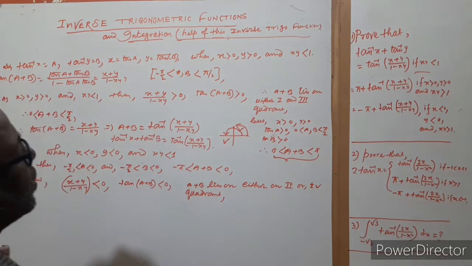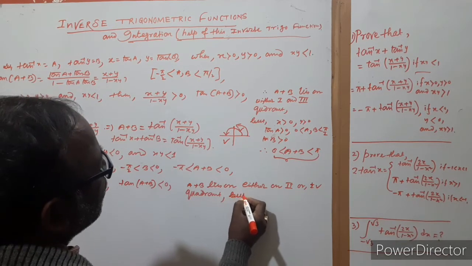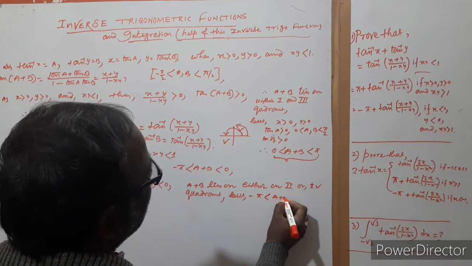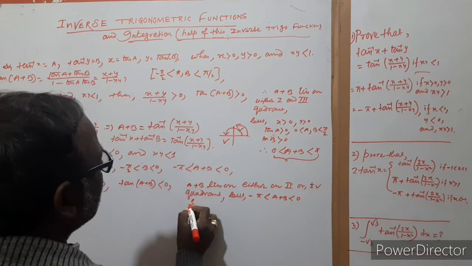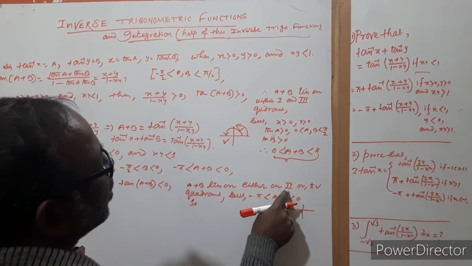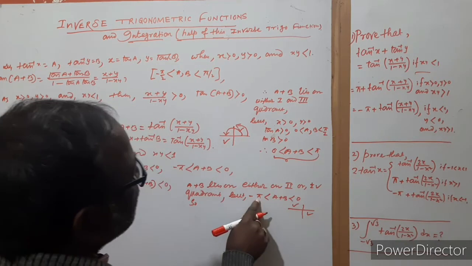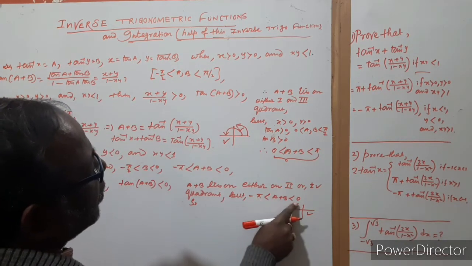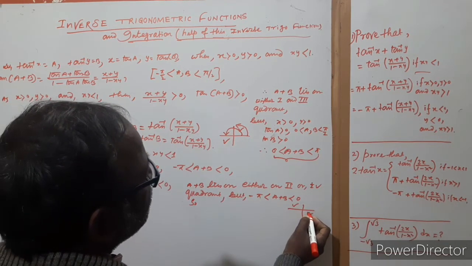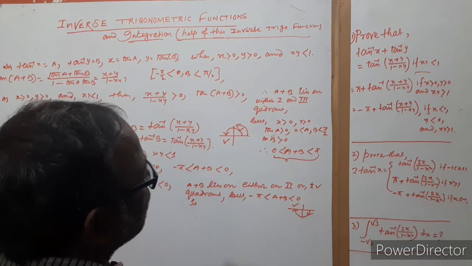Okay, but a plus b lies in this range, so on the second quadrant and the second and fourth, and this is minus pi to 0.